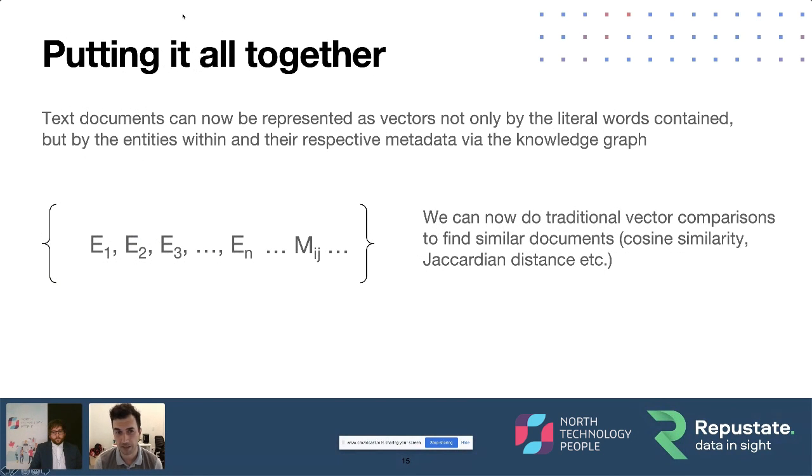So if we take a document that's in English and a document that is in Arabic and we resolve the entities within each, as long as each entity has a canonical ID, now we can start searching across a multilingual corpus. You can start submitting English queries to an Arabic corpus, or an Arabic query to a Russian corpus, because under the hood, everything is being converted into vectors with numerical elements.